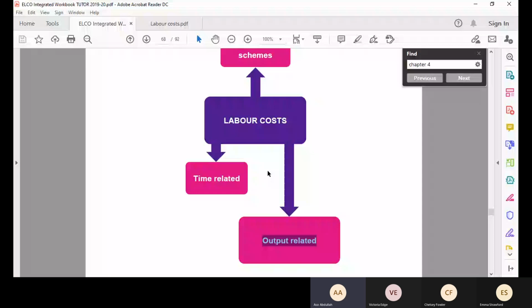The other is output-related pay. This is based on the work you actually produce. If you work in a manufacturing company, sometimes they pay based on your performance, based on actual production. These two we will see very often in our questions and in the exam. And also remember, we have a bonus.